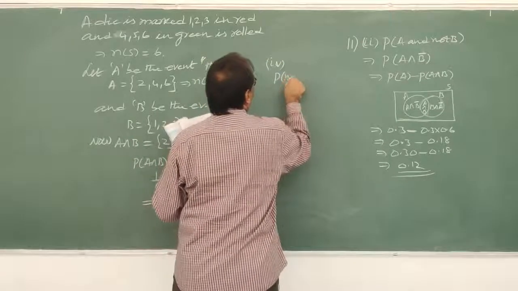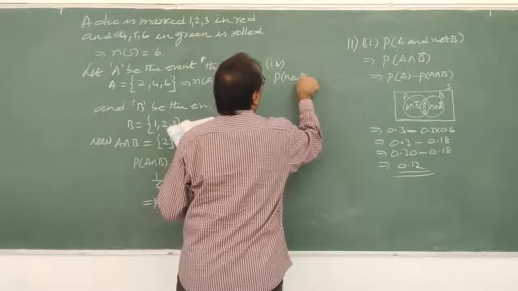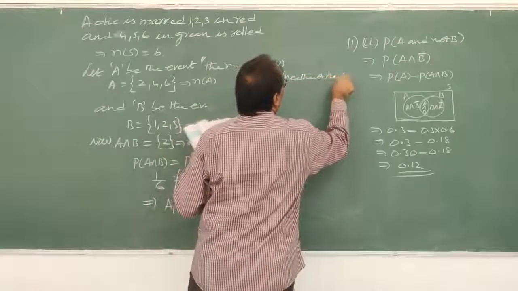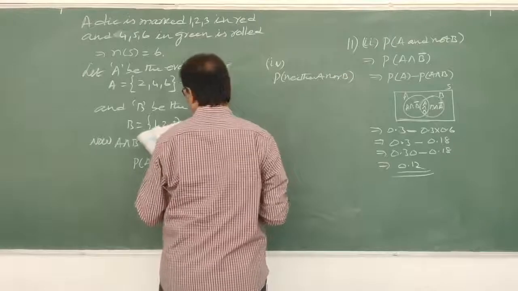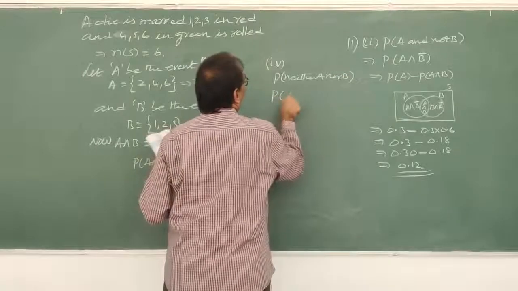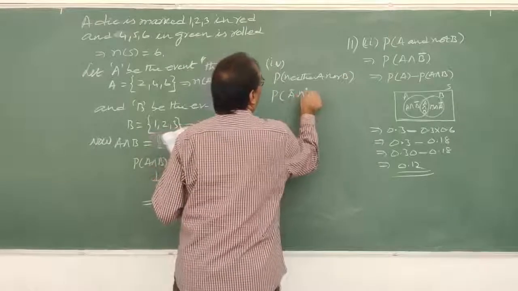P neither A nor B. So P neither A nor B means what, you know? P of A complement intersection B complement.